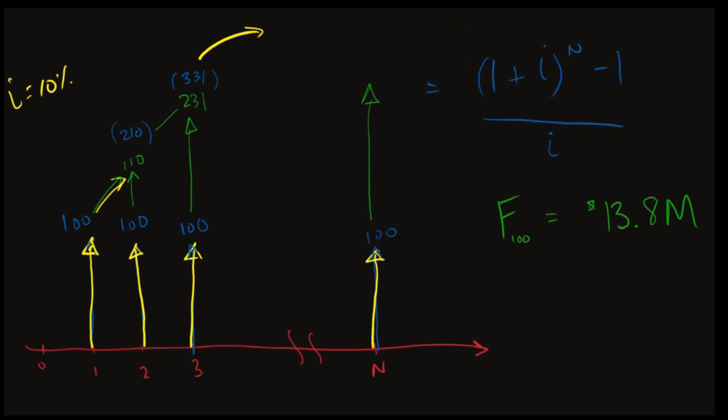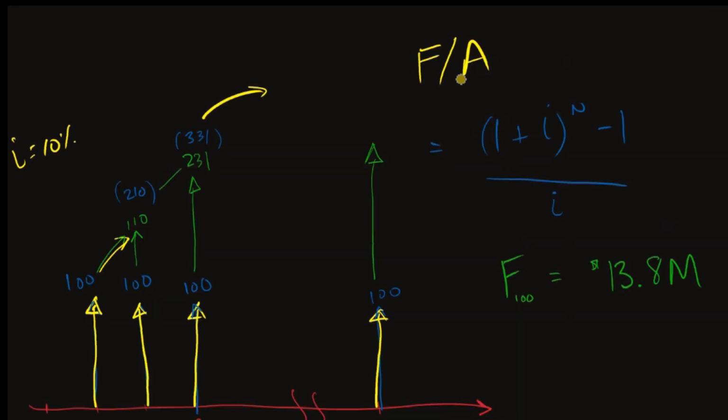And then if we want to solve for that, then we would use the formula that you see here, which is actually F given A in syntax. So of course you could look it up in the table or you could use that formula. Either way, you'll find that in the 100th period, if we were going to say n equals 100, then you would have 13.8 million accrued from all of those payments and the interest effects.